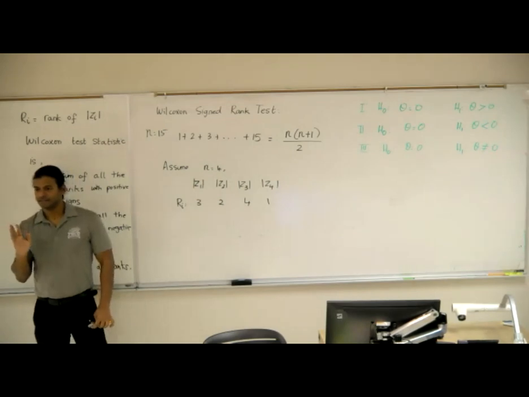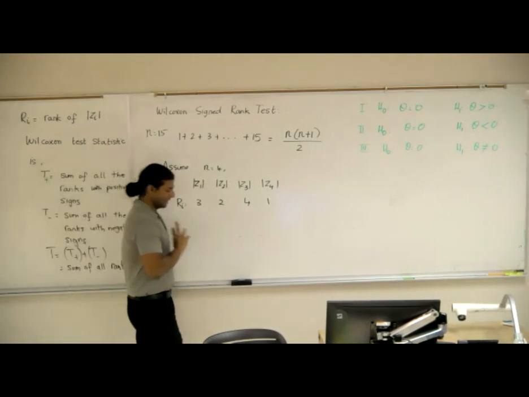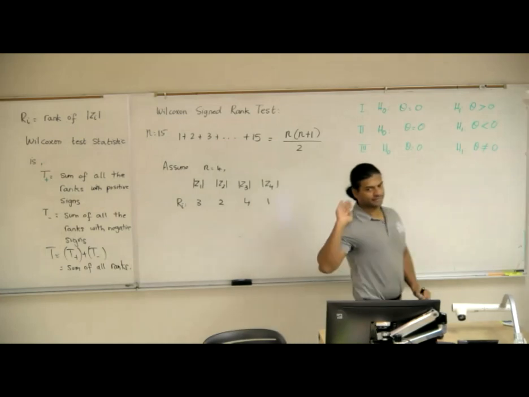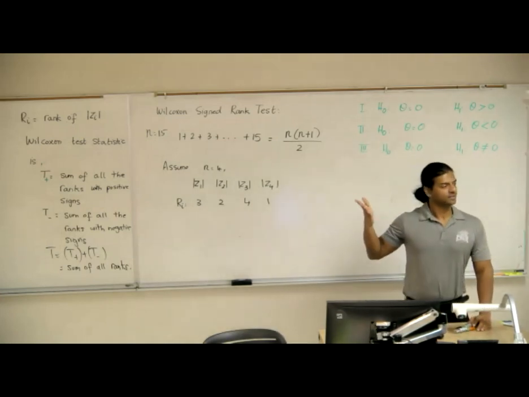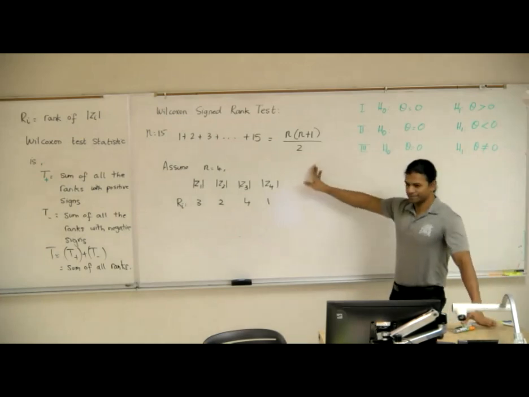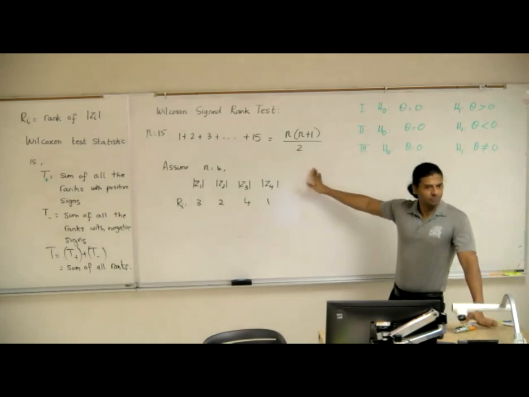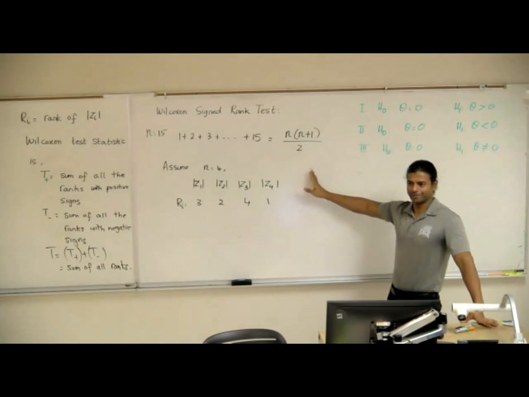So no matter what you do, at the end of the day, you have to look at the sum of all the ranks. Do you agree? So n times n plus 1 over 2 will play a role, it has to play a role.